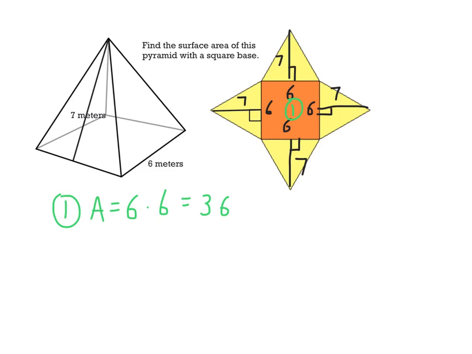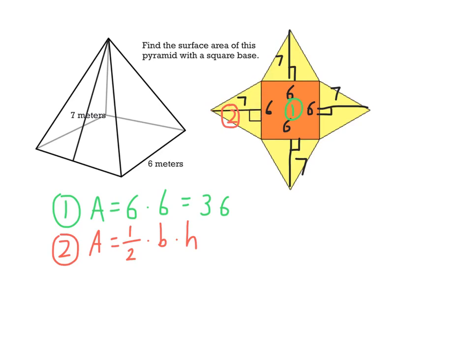That's 36. Then if I move over to this triangle right here, I need to use area equals 1/2 times the base times the height. The base is the 6, the height is the 7.